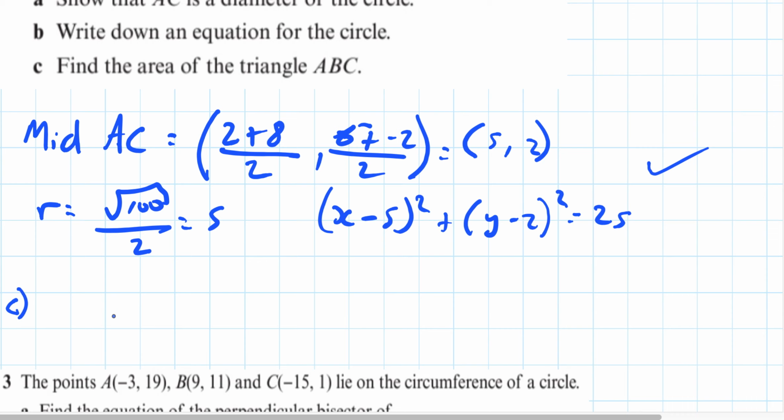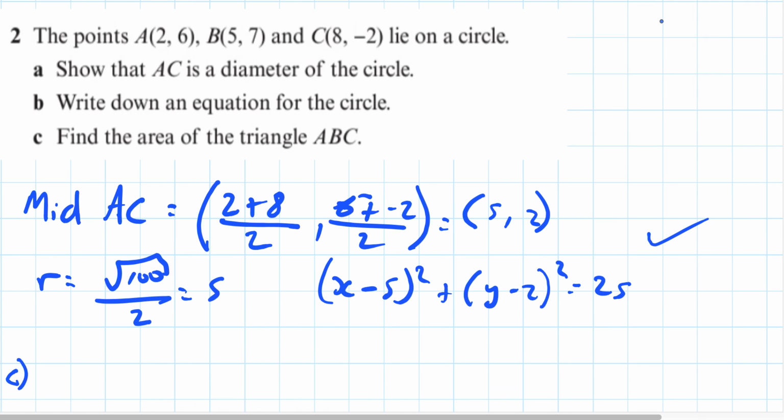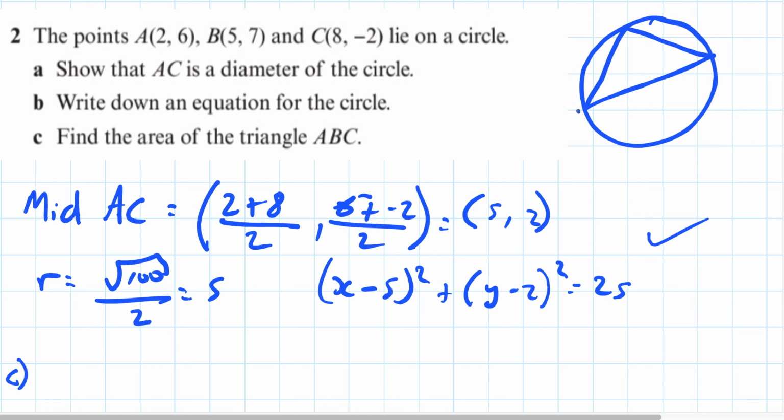So for part C, let's find the area of this triangle. The base and the height of the triangle: if AC is the diameter, so let's say that was B, C, A. The height is going to be BC, and the base is going to be AB.